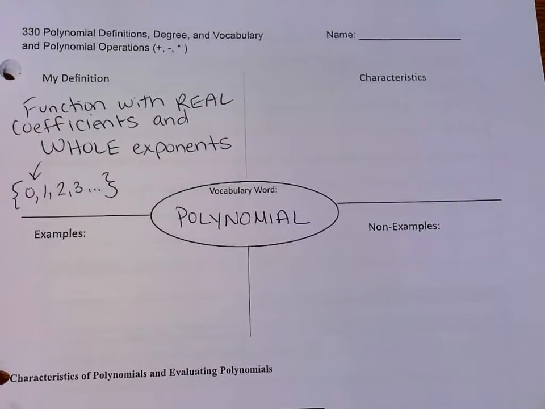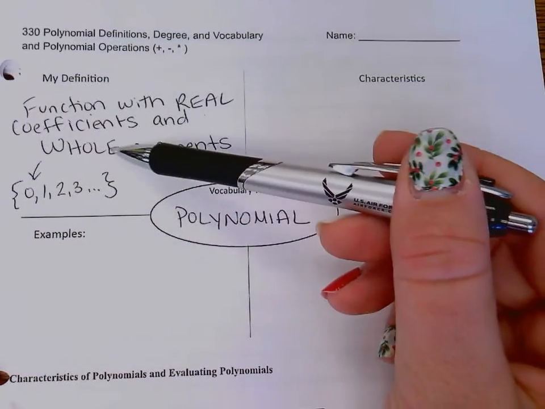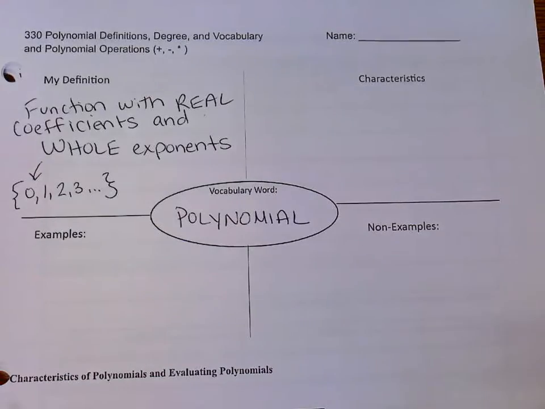So it doesn't include negative exponents, and it doesn't include fractional or decimal exponents. Like x squared, that's one, x cubed, x to the fourth. I think the word polynomial makes us think it has to be this really big function. It doesn't. Y equals x squared is considered a polynomial function because it has a real coefficient and a whole number exponent too.